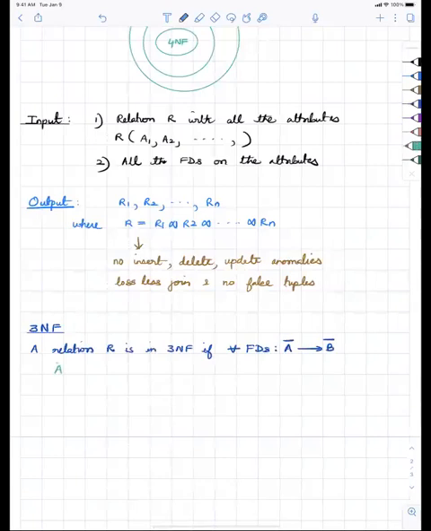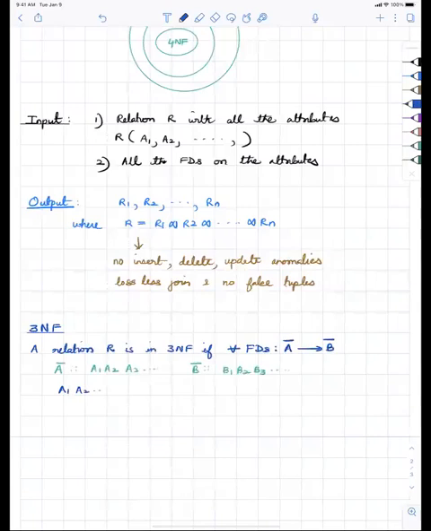So A is equivalent to saying A1, A2, A3, and so on, and B is a short form of saying B1, B2, B3, and so on.